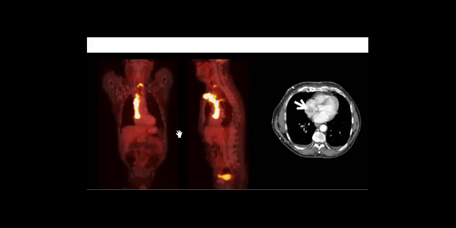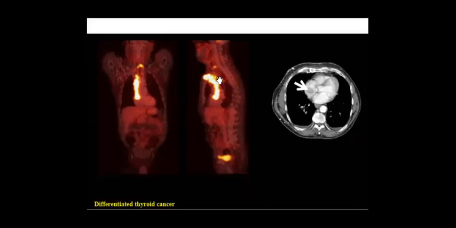So when you find a cancer which takes high uptake, in this case it is de-differentiated thyroid cancer. This means that it has poor differentiation, and because of this, it takes high uptake. Is it clear? For a well-differentiated thyroid cancer, it will show uptake with technetium, and in FDG it will maybe not have high uptake.